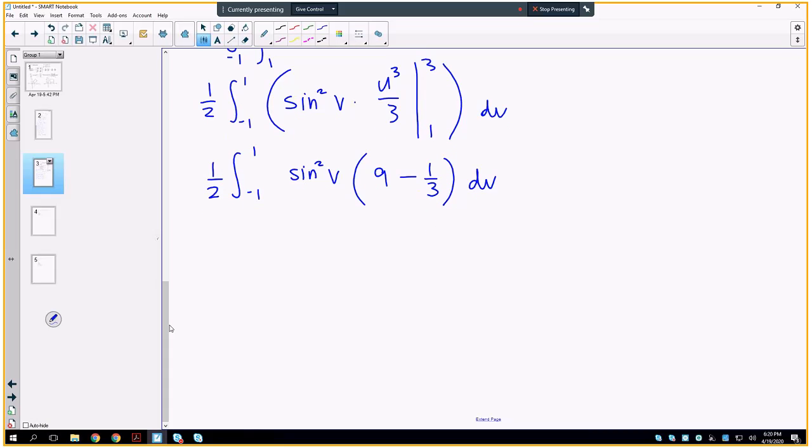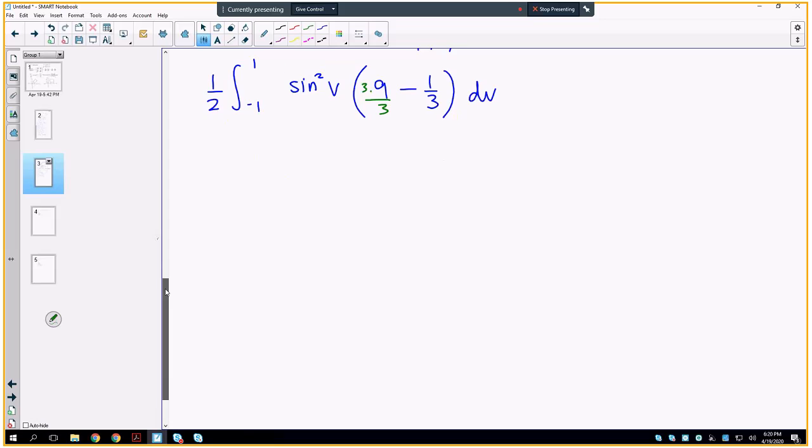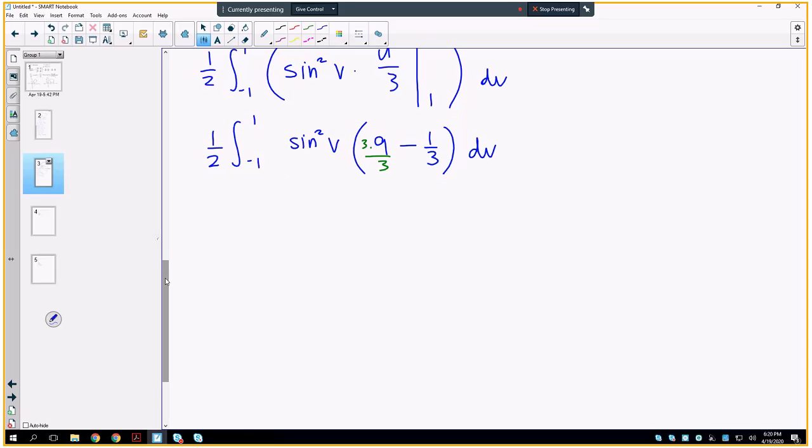But that's just a constant, so I can simplify it and pull it out. So this should be 27 over 3 minus 1 over 3, which is 26 over 3. So I can say I have 1/2 times 26 over 3, which will obviously simplify. We'll do that in the next step.